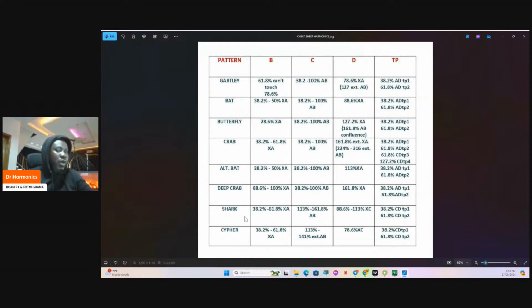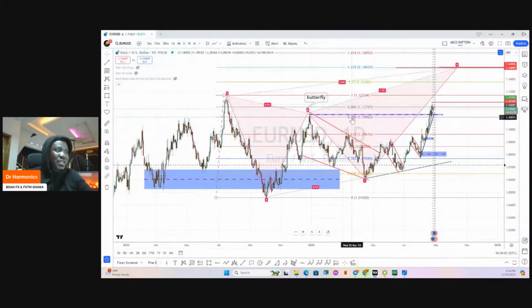When we have this harmonic cheat sheet, we realize that with the butterfly pattern, the B is at 78.6. So it means that when we get a B at 78.6, we are potentially looking for the target to hit at the 1.272 extension of XA. So here we have 78.6, which is 0.786. Potentially, we are looking at this one.